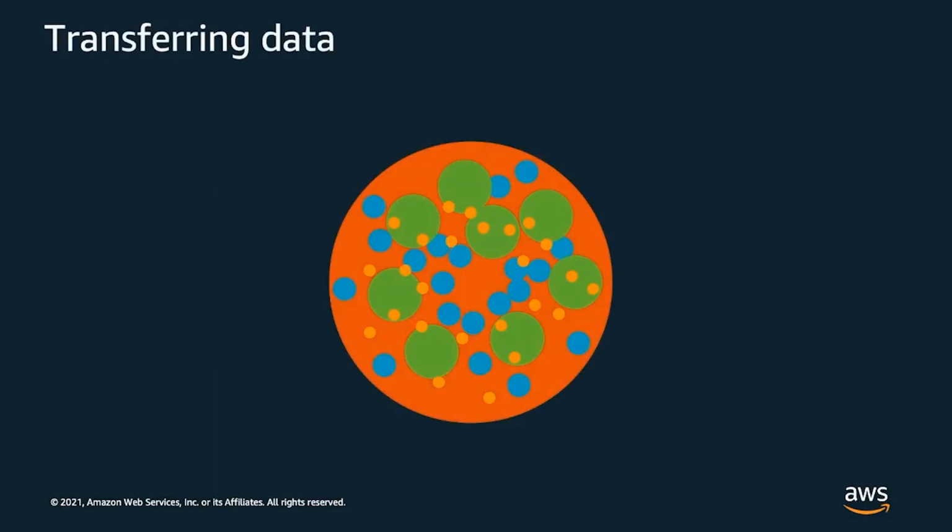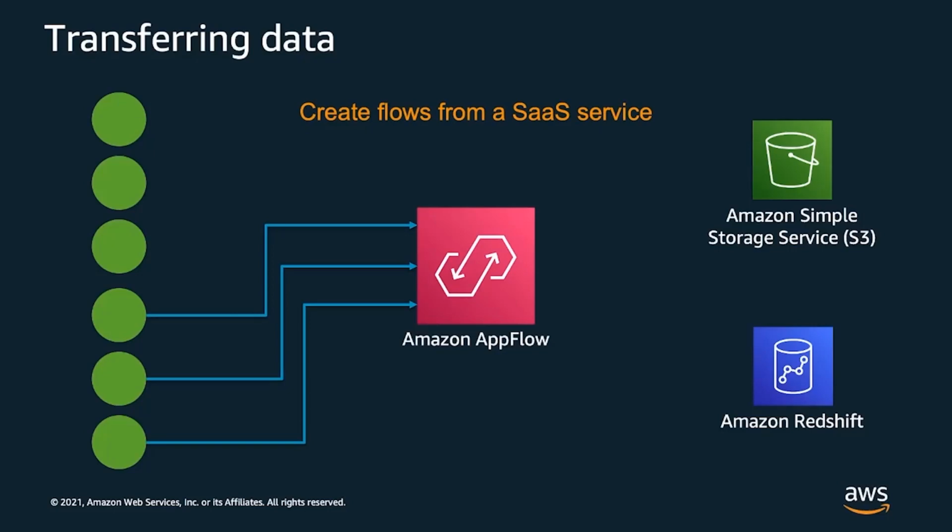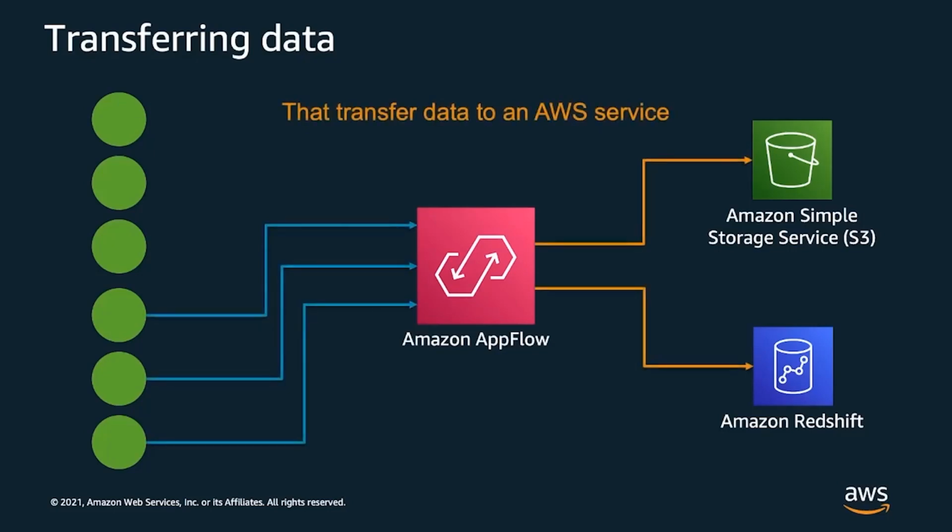So let's go back to our data. And this is kind of our dream world, but the reality is we have these different silos. But with Amazon AppFlow, what we're able to do is we can create flows from a SaaS service going into Amazon AppFlow, and we can transfer data to AWS services as the targets. So the SaaS is the source and the AWS services are the targets.